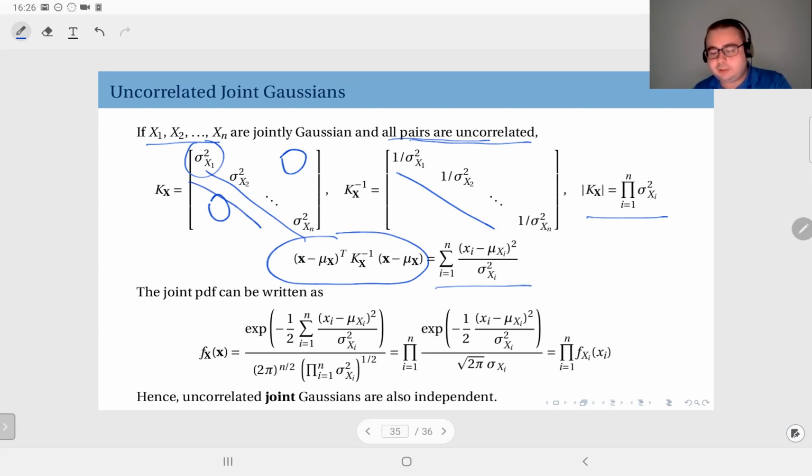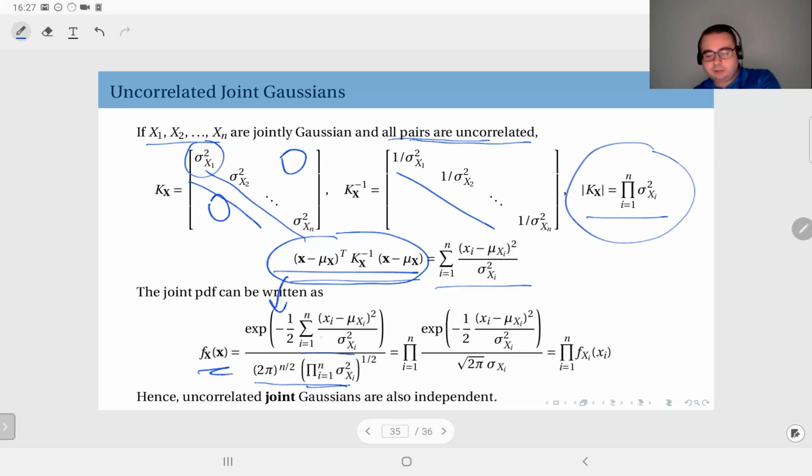the sum of these terms, (xi minus mu sub xi) squared divided by the variance of xi. This appears in the exponent of the joint PDF. So we can write the joint PDF as e to the power minus 1/2 times this, divided by (2 pi) to the power n over 2 times the square root of the determinant of the covariance matrix.